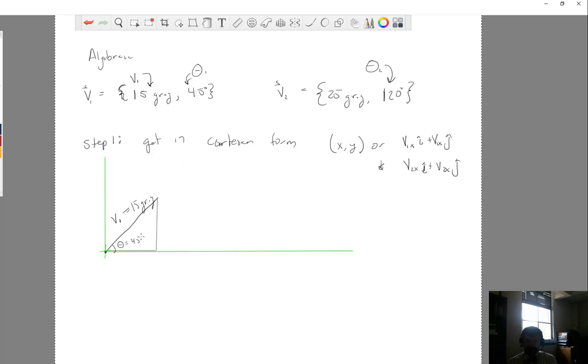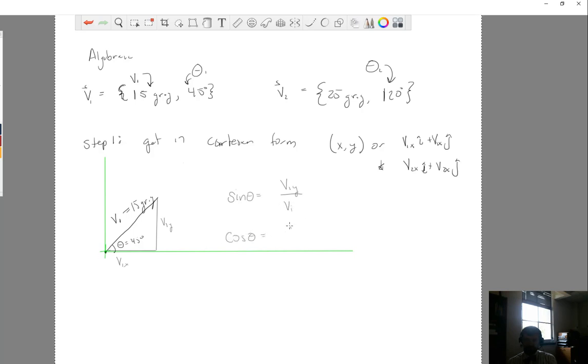This is 45 degrees. Now what we're trying to do is solve for V1x and V1y. So you have the hypotenuse and you have an angle, so you can use your trig identities. So you use sine of theta is opposite, that'd be V1y over hypotenuse, so over V1.